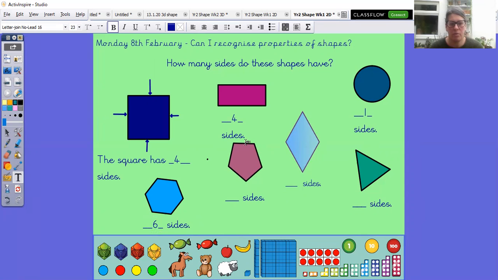And we'll start at the top of this pentagon. 1, 2, 3, 4, 5. 5 sides. And this here is our rhombus. And rhombus has 1, 2, 3, 4 sides. 4. And the last one, our triangle. 1, 2, 3 sides.